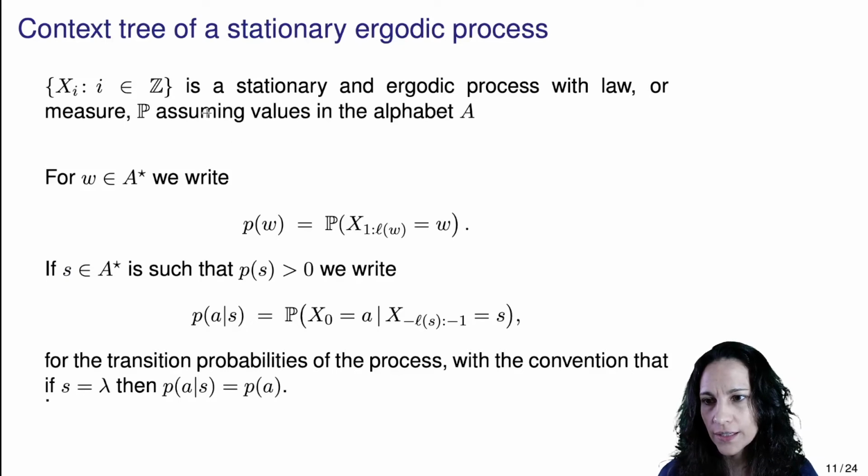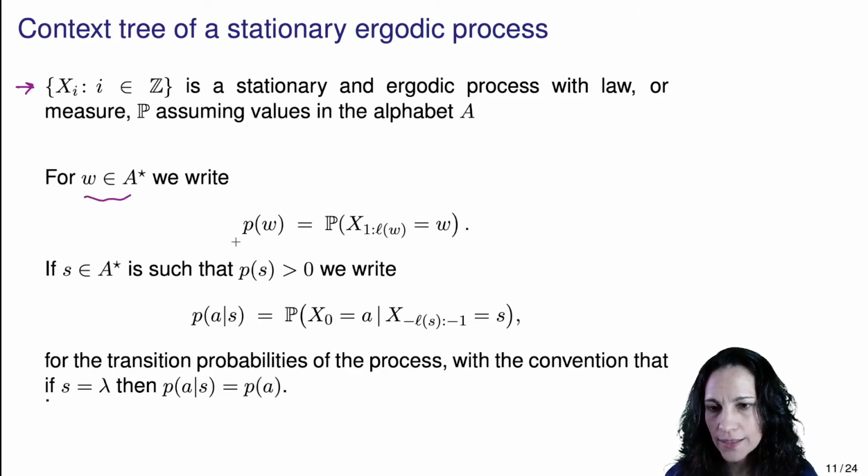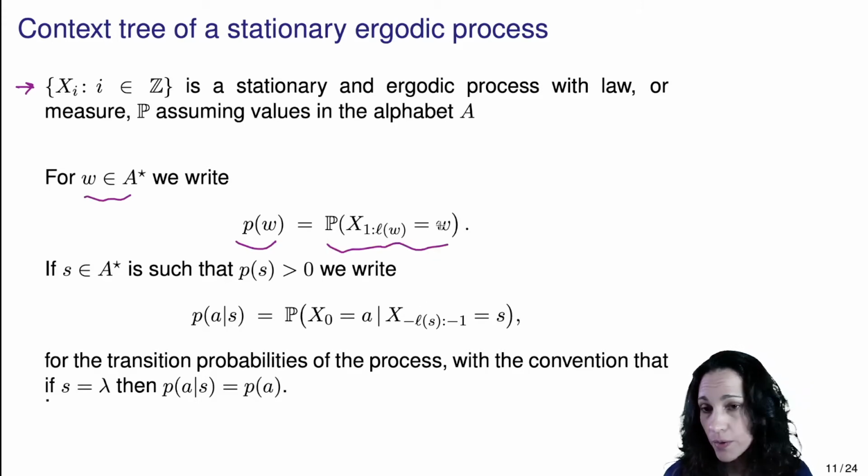Consider a process xi, a stationary and ergodic process with law or measure p, assuming values in the finite alphabet A. For any finite sequence w, we write P of w as the stationary probability of the sequence w at any time, because as we are assuming that the process is stationary, the time here does not matter.